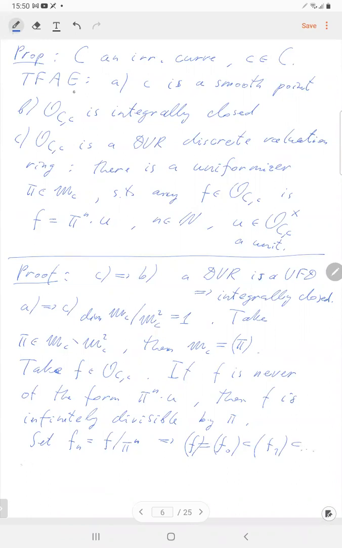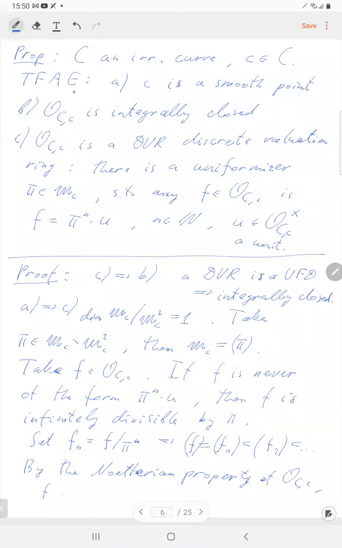Now by the Noetherian property of our ring, this must stabilize.